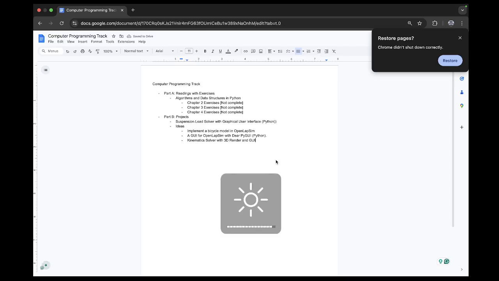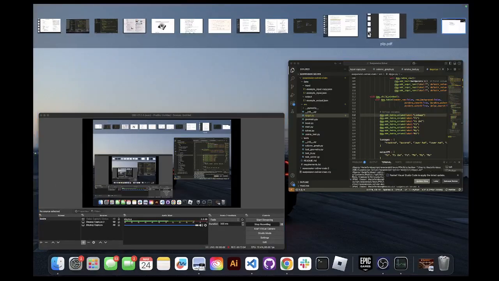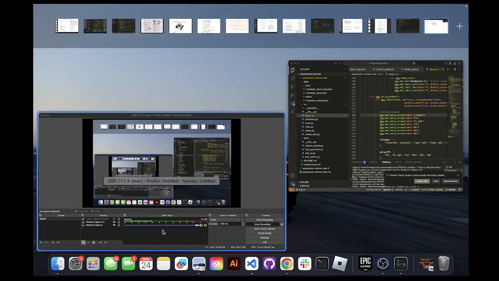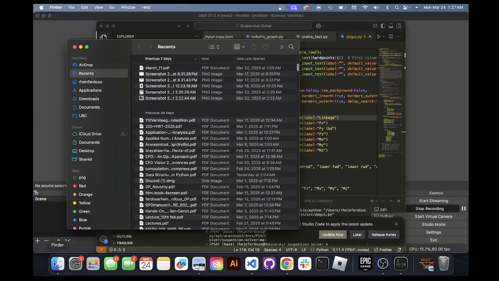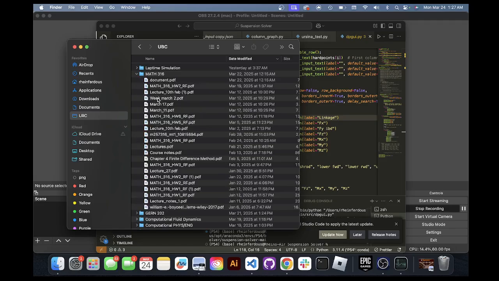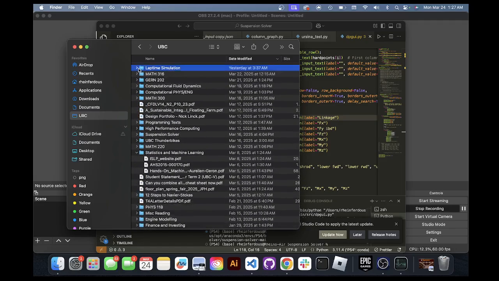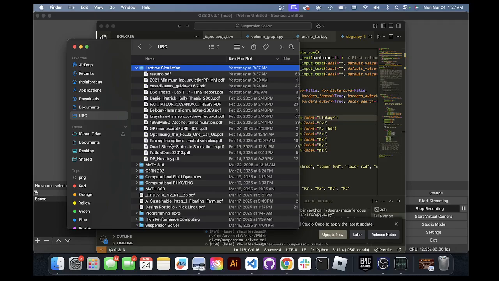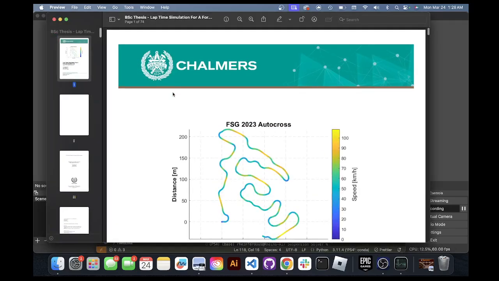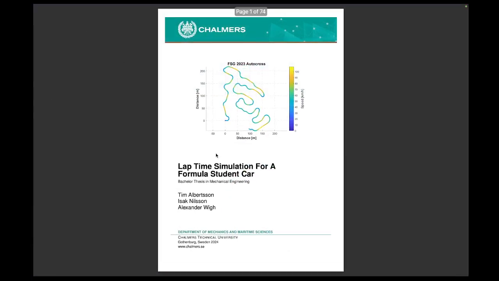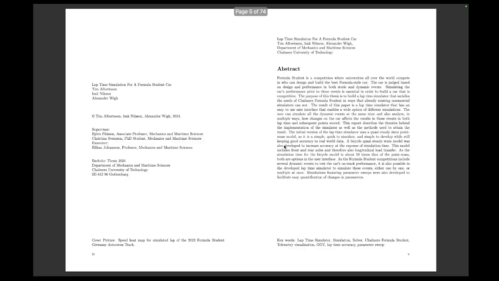I was able to get my hands on this pretty nice project somebody did. These three students, for their bachelor thesis, made a bicycle model quasi steady state lap time simulator.